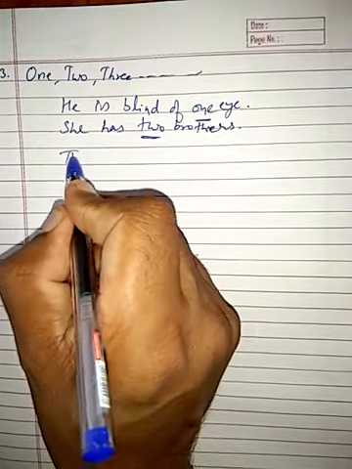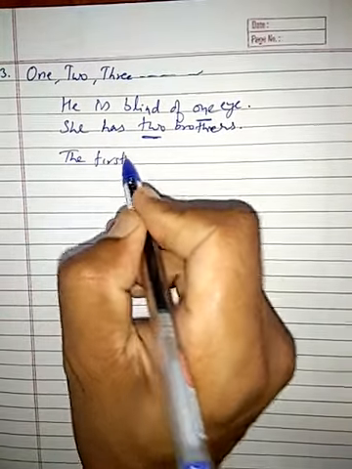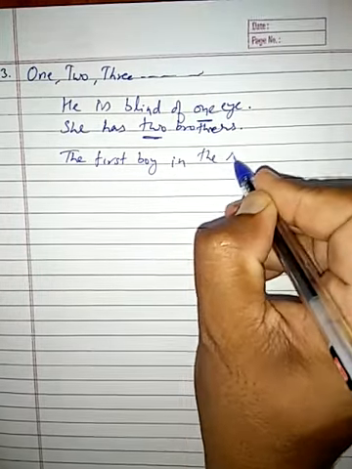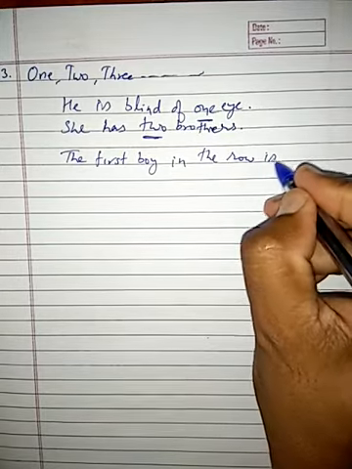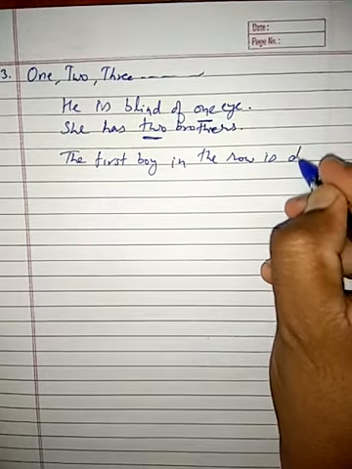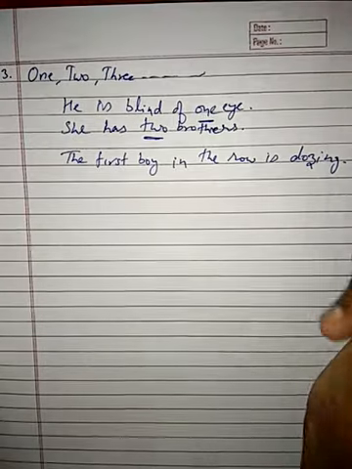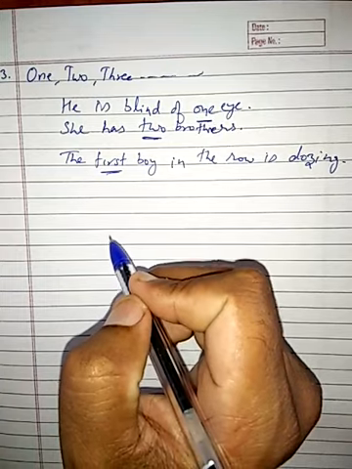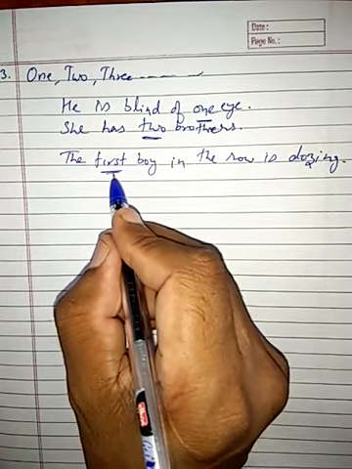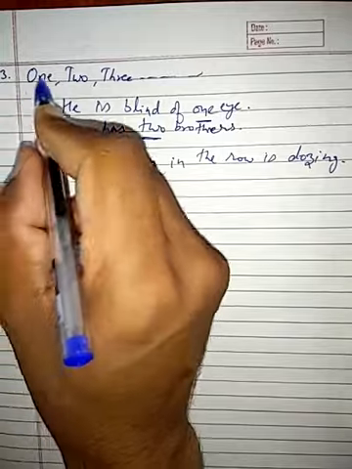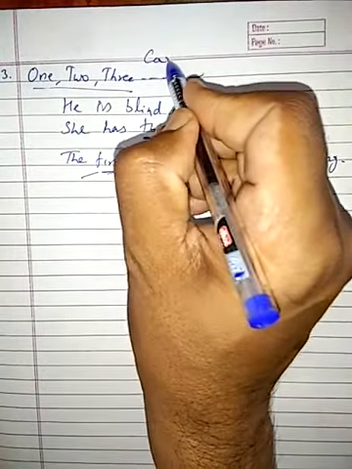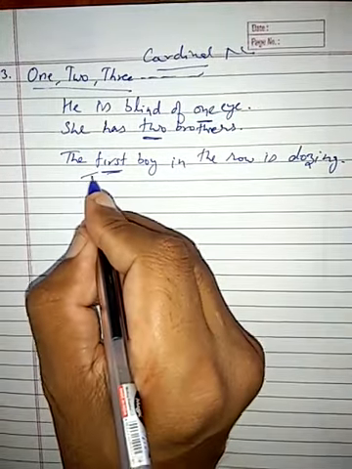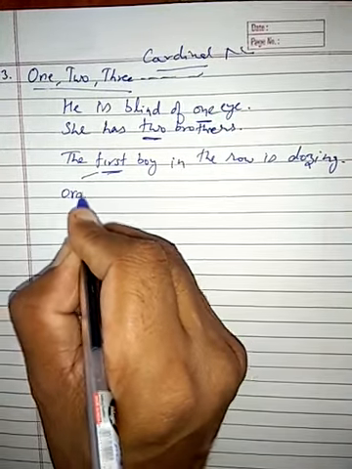Next, the first boy in the row is dozing. So which boy? The first boy. First shows you ordinal.